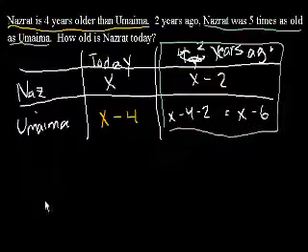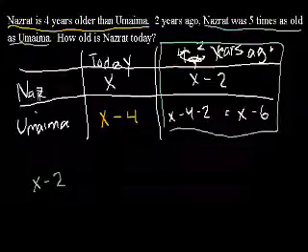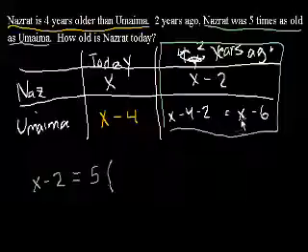So let's just write that down. Nusrat, 2 years ago, was X minus 2. We get that from the chart. And that sentence tells us Nusrat was 5 times older than Umama was 2 years ago. And Umama 2 years ago was X minus 6.